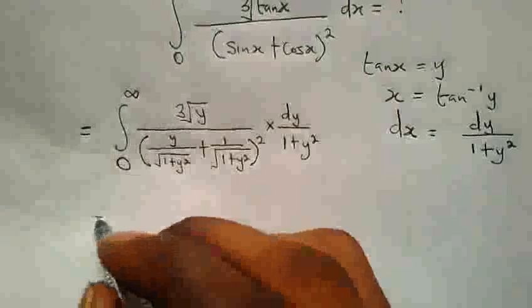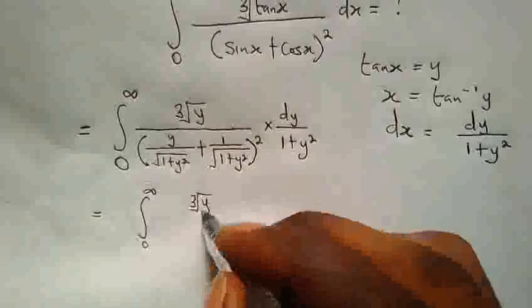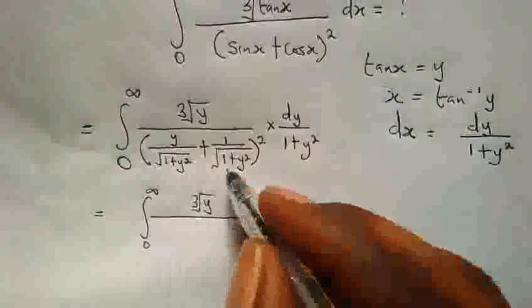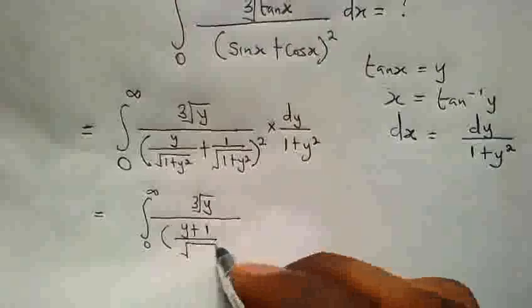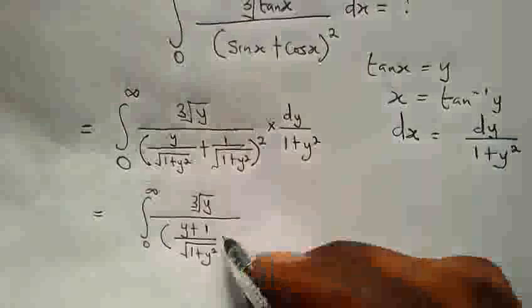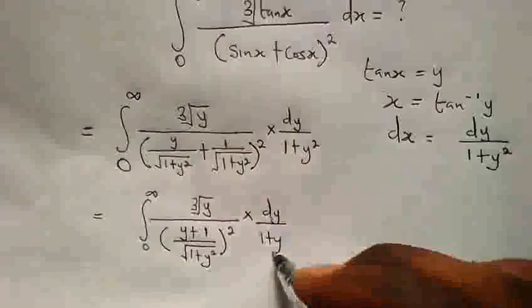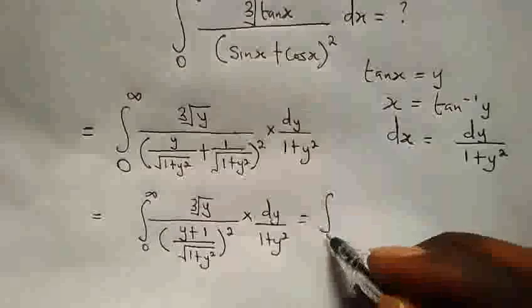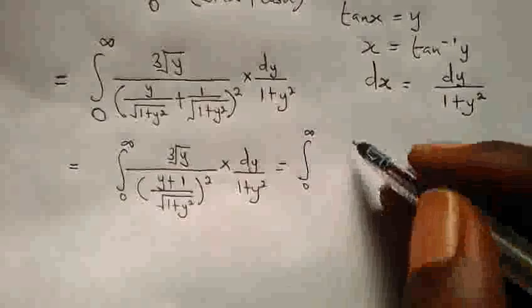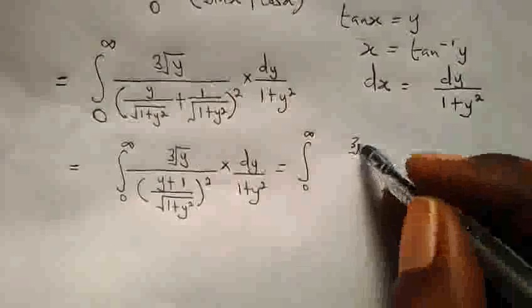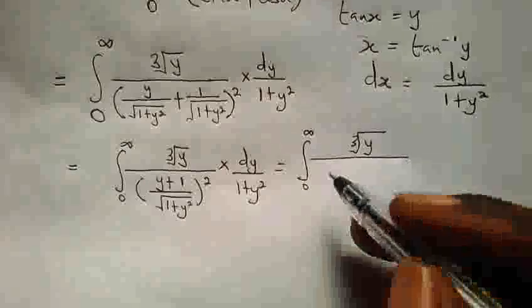Now from here, this is equal to the integral from 0 to infinity of the cube root of y all over, with a common denominator, in the bracket we have y plus 1 over the square root of 1 plus y squared, then squared, times dy over 1 plus y squared.